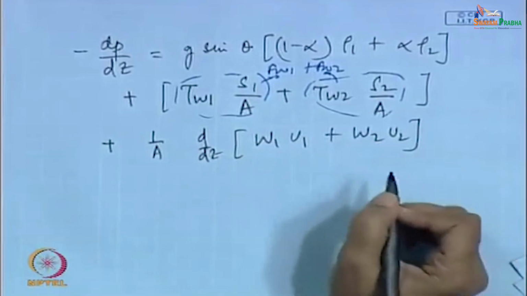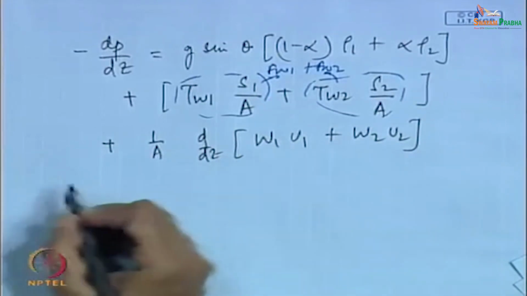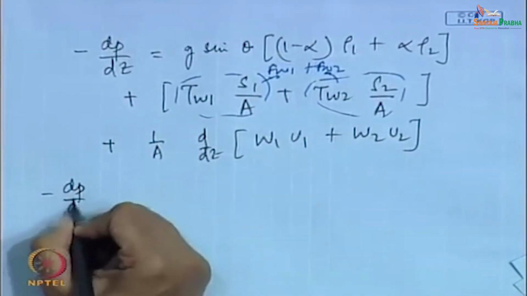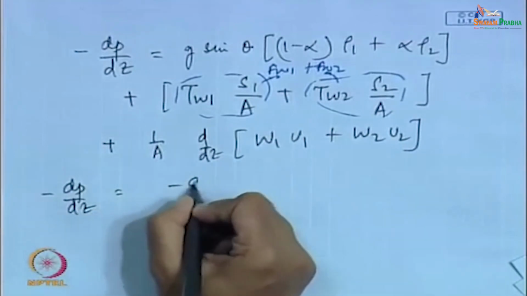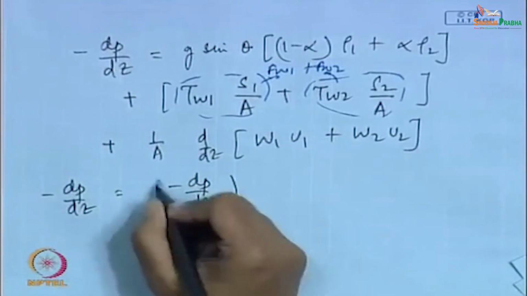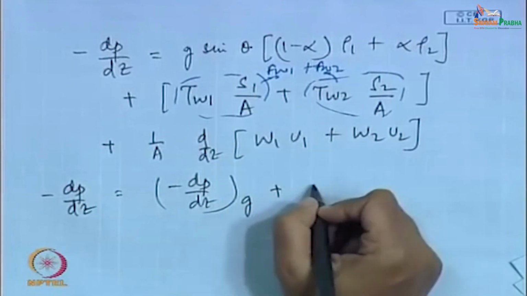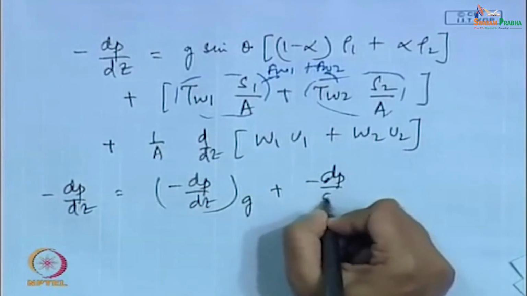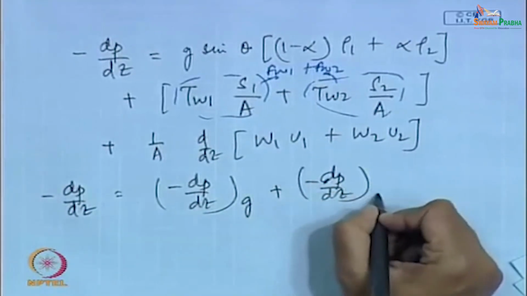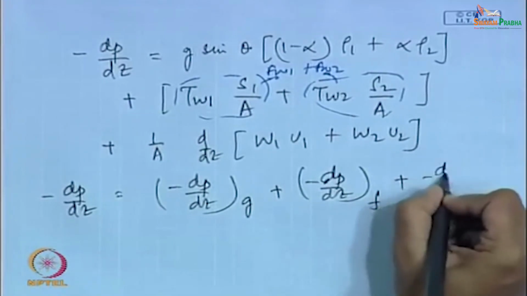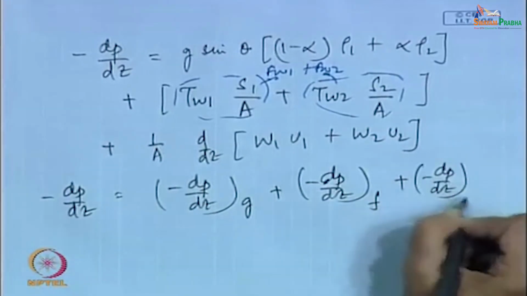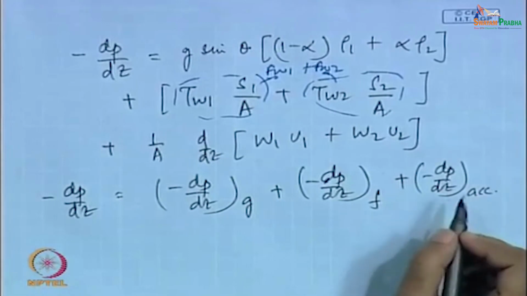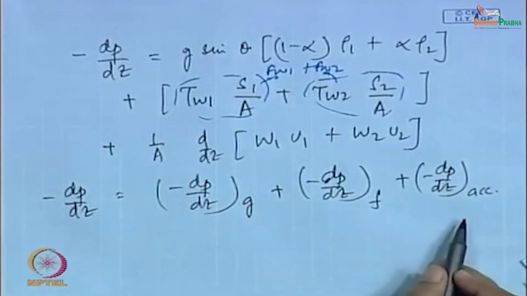This is the acceleration pressure gradient. So, therefore, from here we get minus dp/dz gravitational plus dp/dz frictional plus dp/dz acceleration. So, this is the final form which we get.